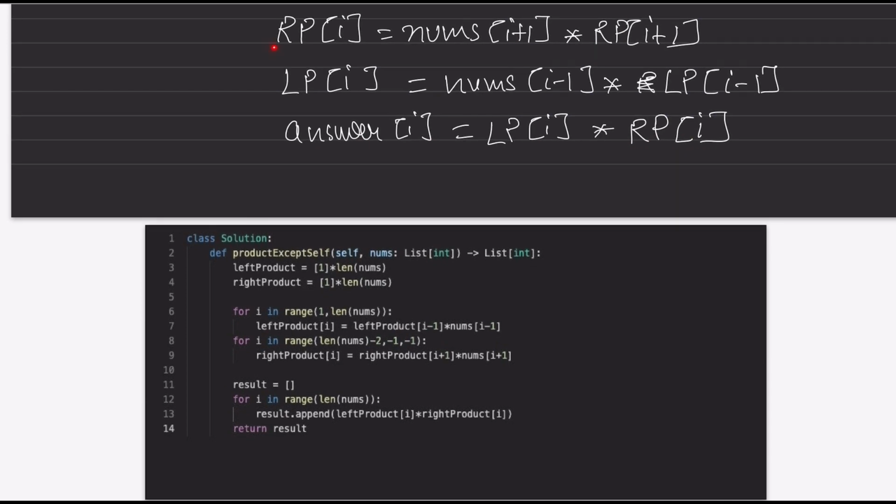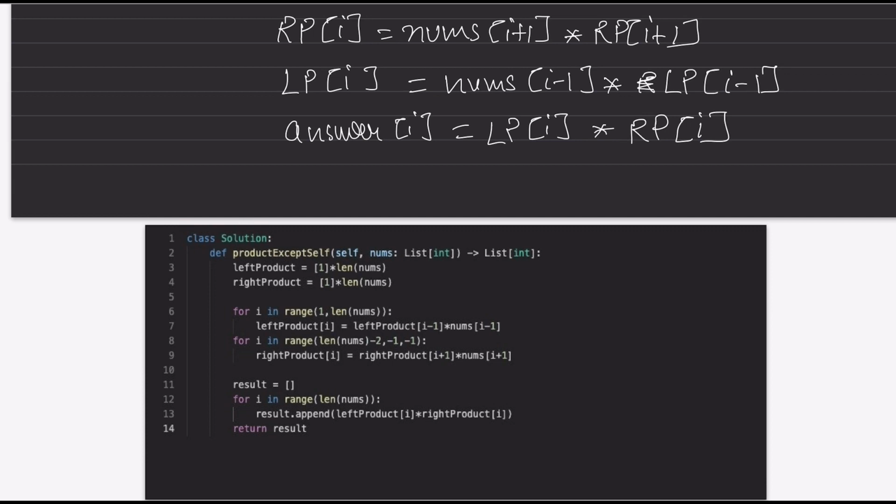So now we have all the formulas in our hand, and let's see the code. In code you can see that I have two arrays, left product and right product, which are initialized to 1 into the length of nums.